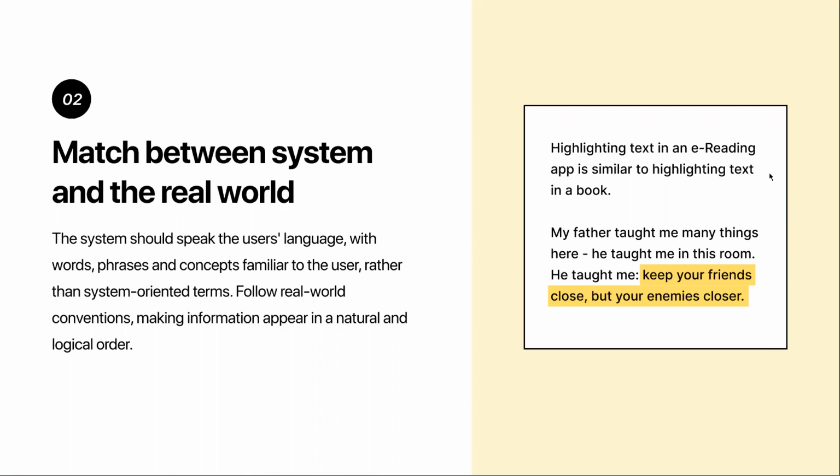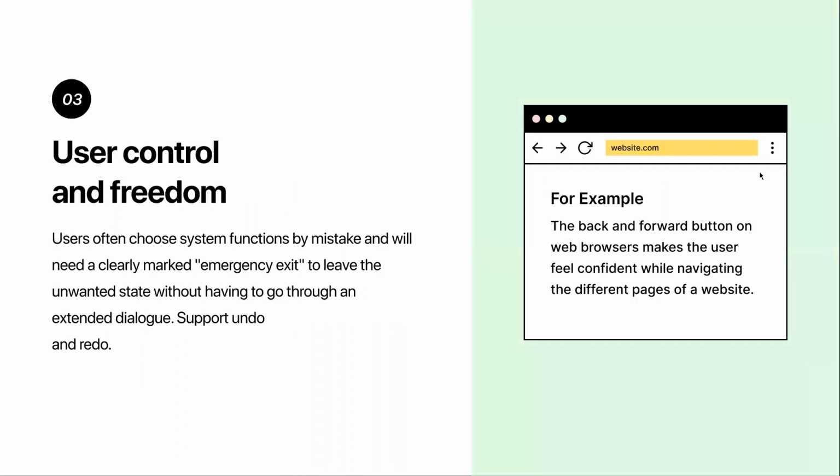So the next one, sorry. Okay, user control and freedom. Users often choose system functionalities by mistake and will need a clearly marked emergency exit to leave unwanted states without having to go through an extended dialogue.